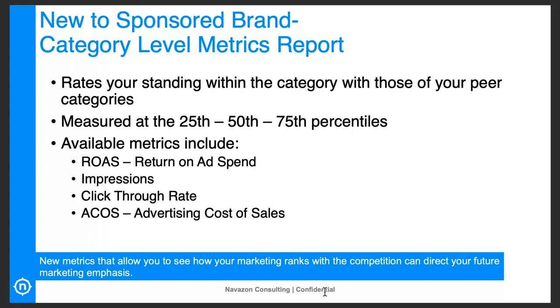You could be just launching a new product. So it's really, like I said, you want to be a little knowledgeable about why you would measure within these percentiles. So the exact metrics include your return on ad spend, your impressions, your click-through rate, and your advertising cost of sales. And these metrics I'll show in the next slide.